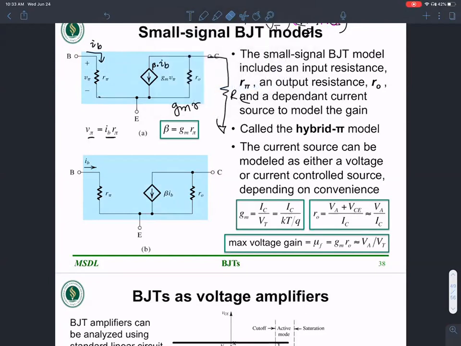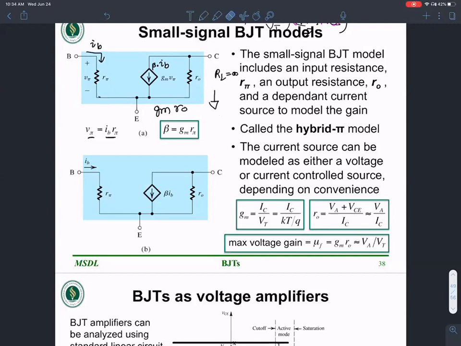Any load that I add is in parallel, so anything added in parallel reduces the overall output resistance, therefore the gain comes down. The maximum gain that you can get is when there is no load resistance connected.